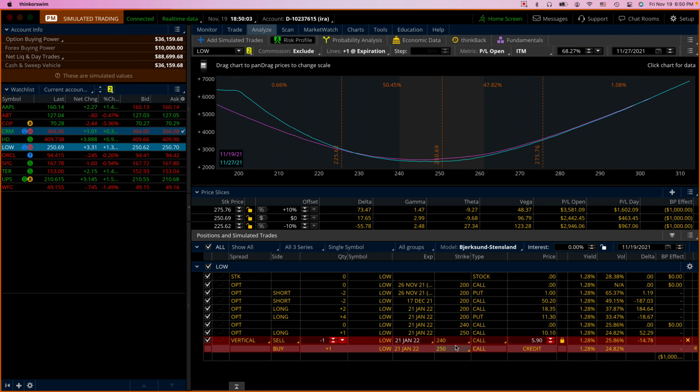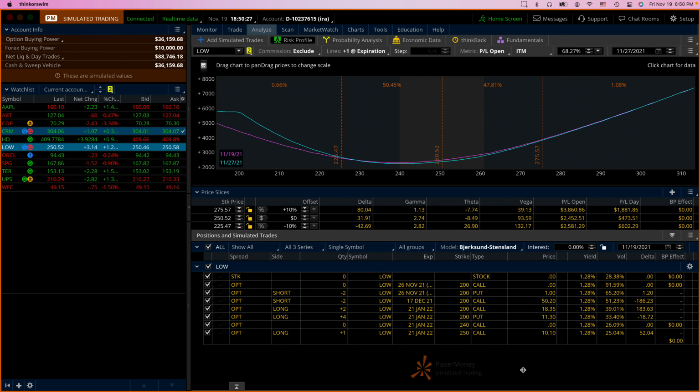I sold my 240 call, which is expiring January, which was good, in the money. As you can see, it's 250, and I changed it for 250, which is exactly at the strike price of the current price. In that case, it gave me $590 profit or credit that I took.